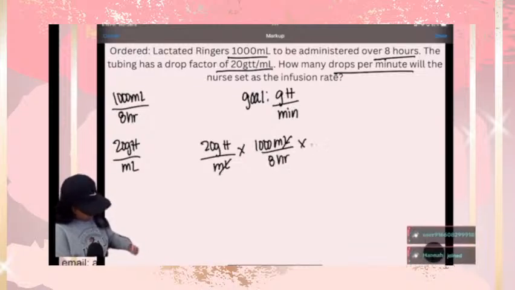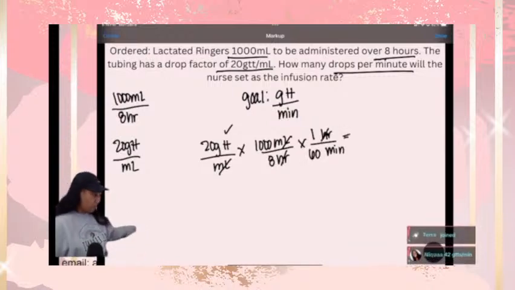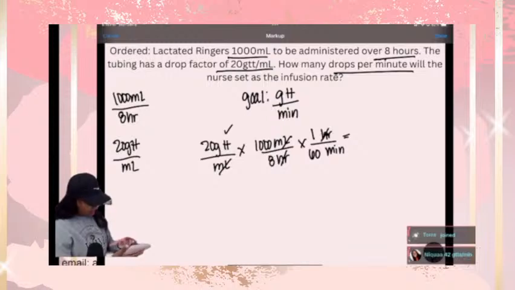Milliliters cross out, so we got drops at the top, but we need minutes at the bottom. Hours is at the bottom, so I'm going to put hours at the top, minutes at the bottom. 1 hour is 60 minutes. My hours crossed out, and we can now solve the problem. So 20 times 1,000 divided by 8 divided by 60.